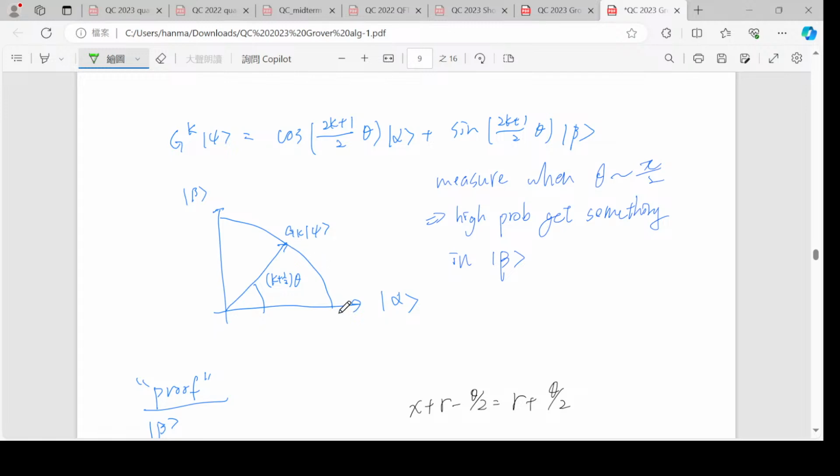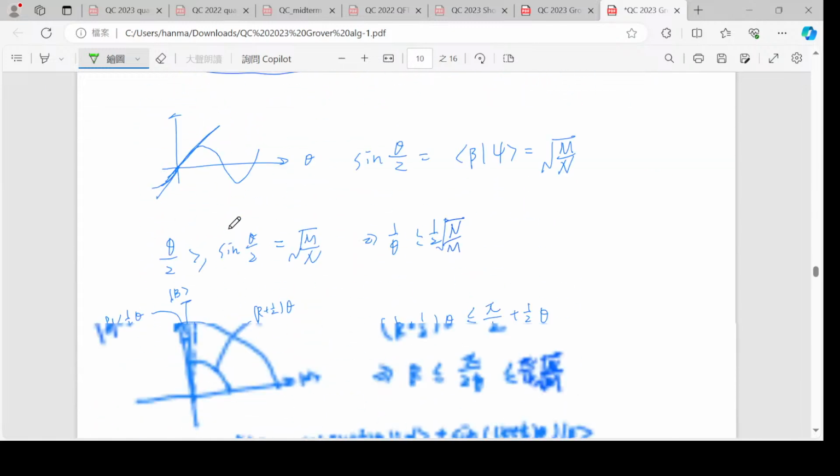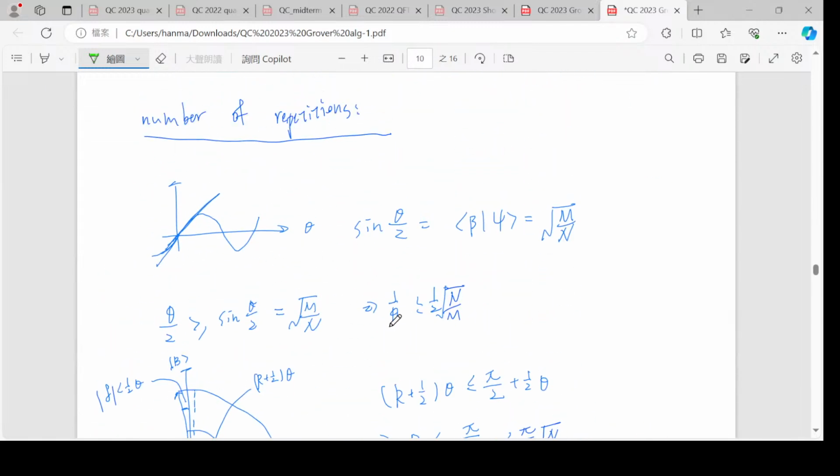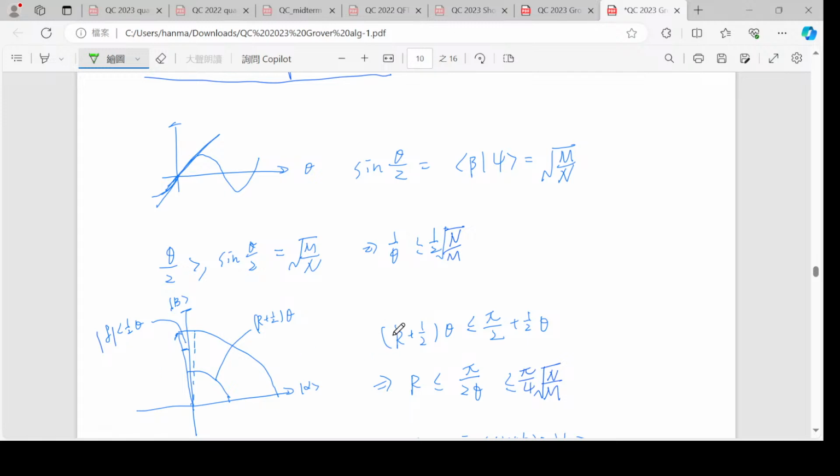So you want to rotate it to about pi over 2 and do a computational basis measurement, and that means the number of rotations you need to do, which we call R, satisfies R plus 1 over 2 times theta is about pi over 2.